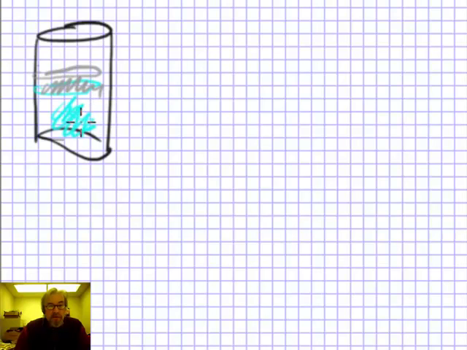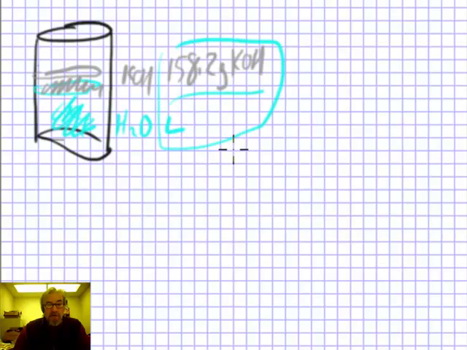They're not separate like I've drawn them here, but part of the solution can be thought of as the KOH, and part of the solution can be thought of as H2O. And we know something about that. We know that in this solution there are 158.2 grams of KOH for every liter of water.